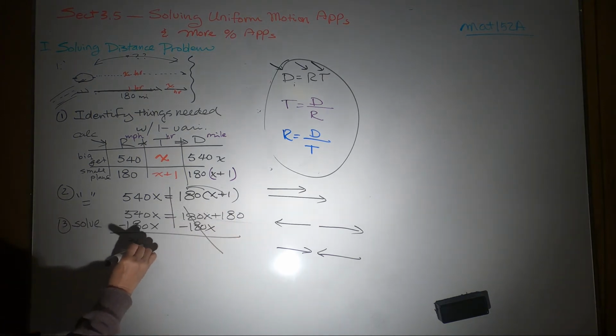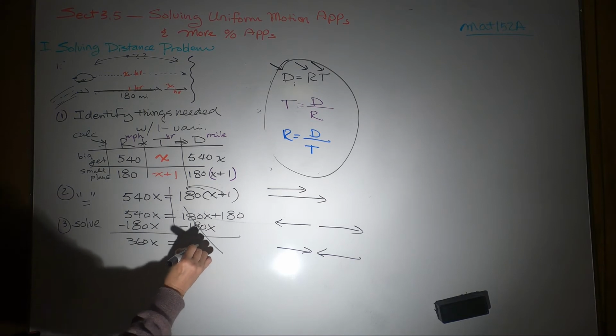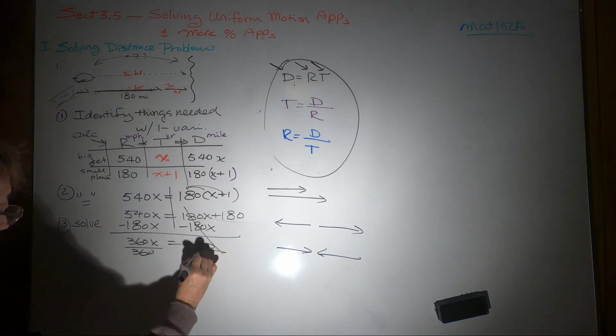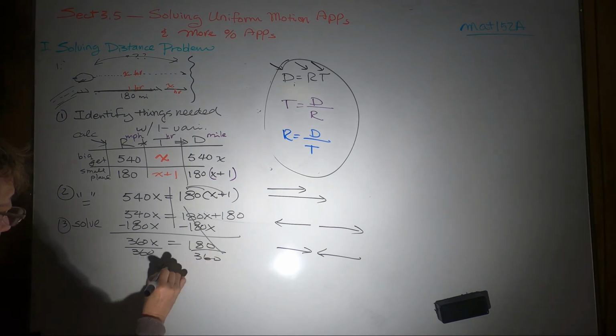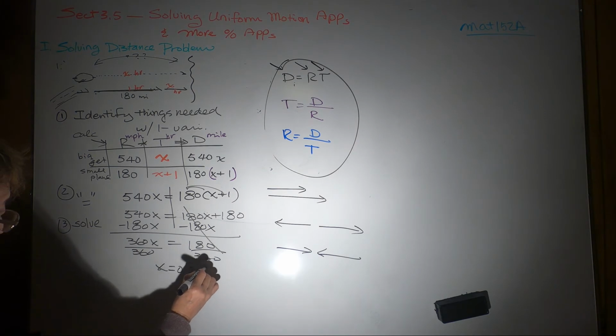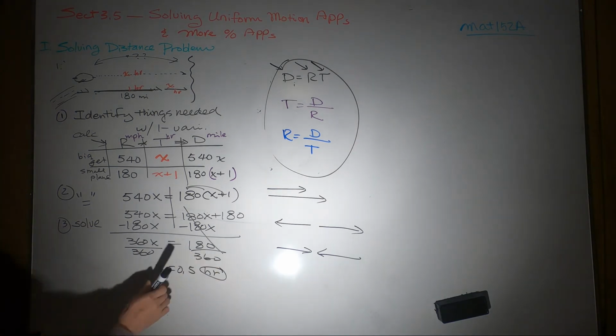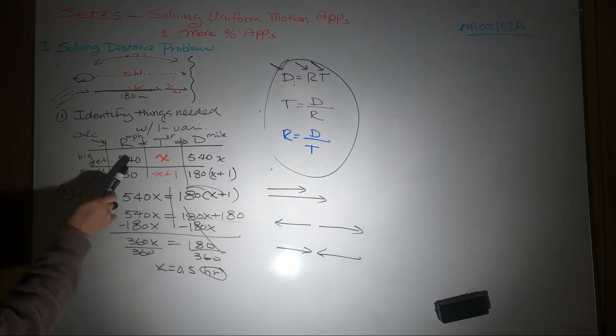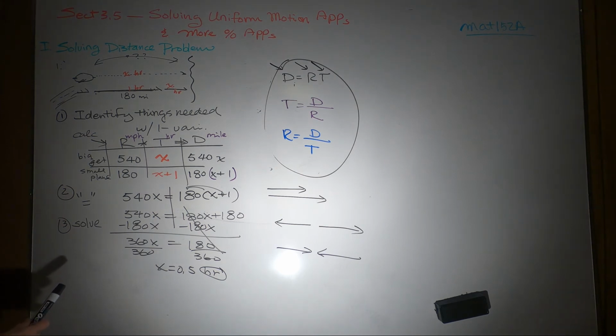So that would be 360x equals 180, right? Then divide by 360, so x is what? Half, 0.5 hour, right? Don't forget, what's your x? X is the time. So it takes the big airplane half an hour, right?